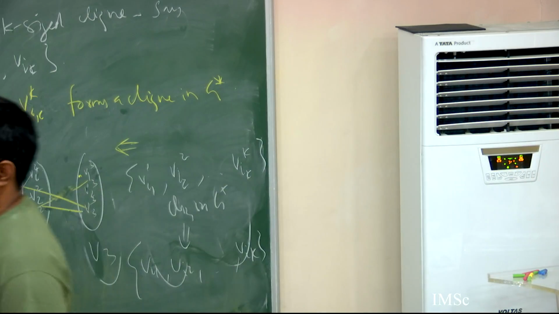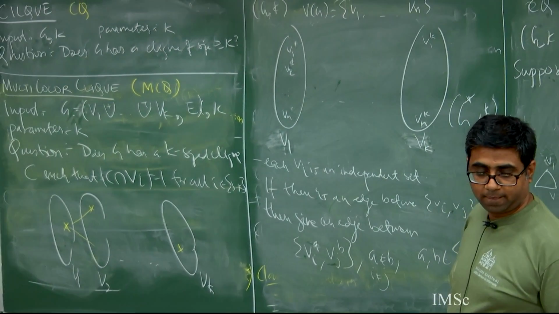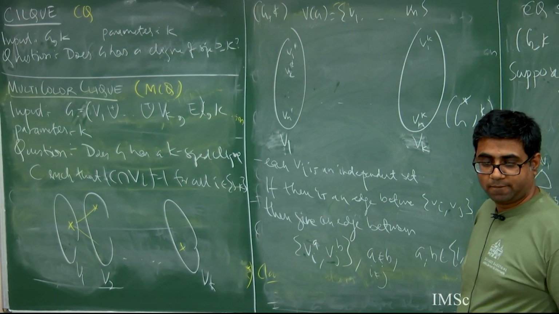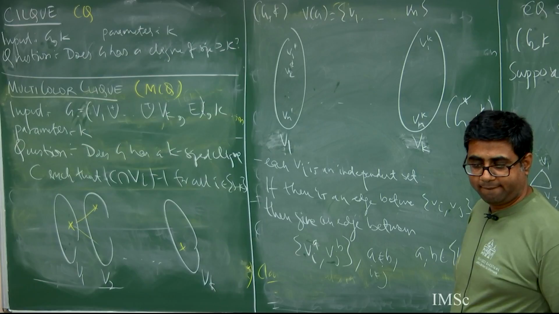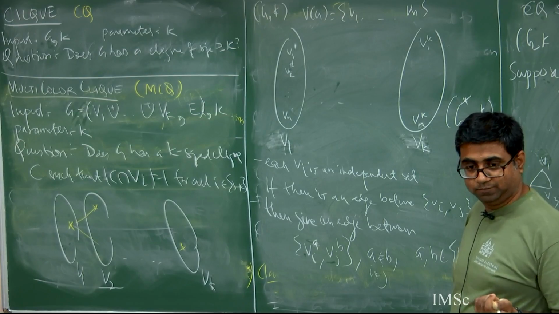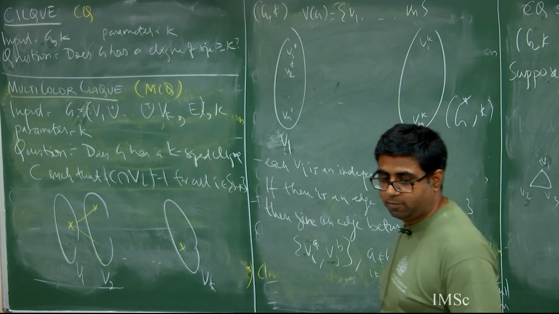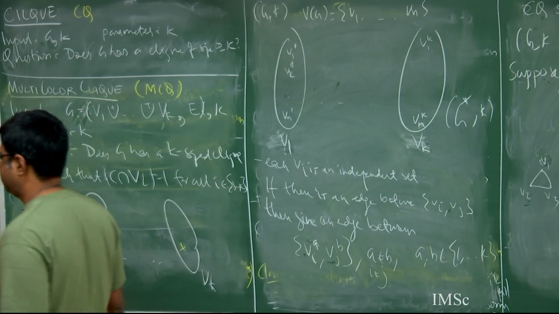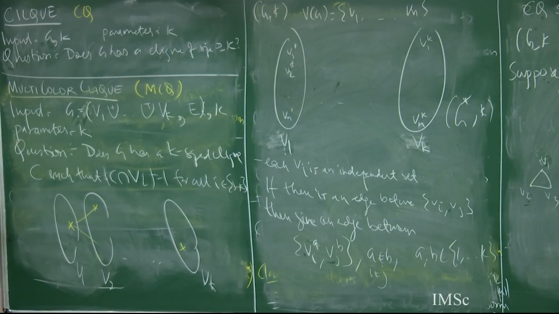There are k factorial distinct multicolor cliques in G star. Yes, it will blow up to many of them. You're right. If there is one, then there will be k factorial corresponding to that. Yes, I completely agree.